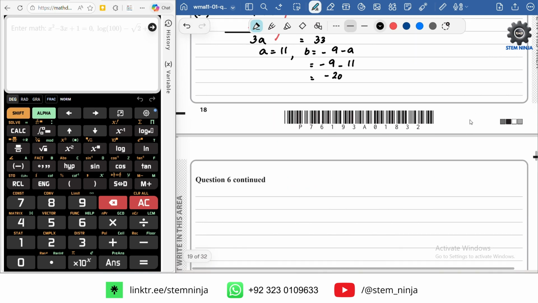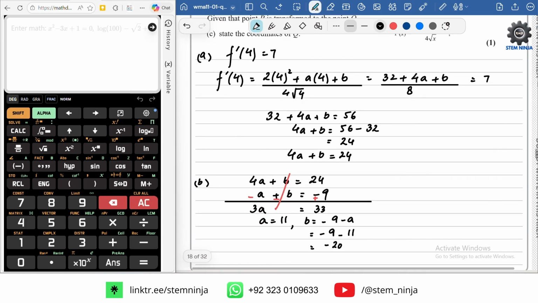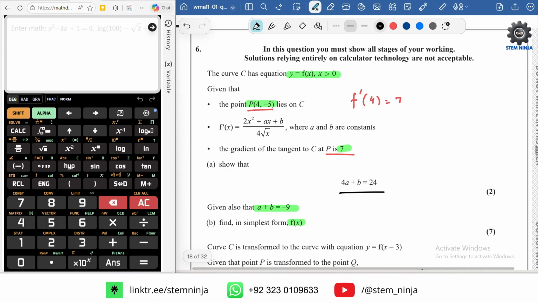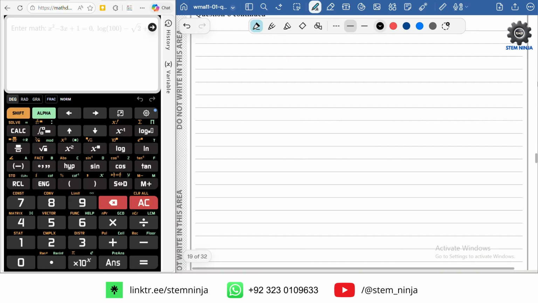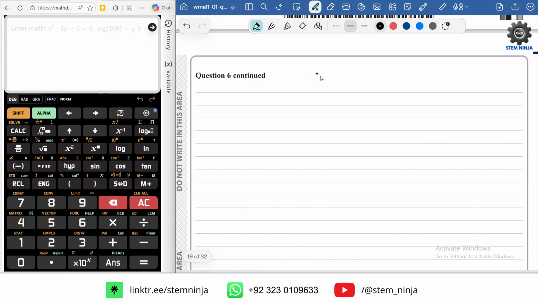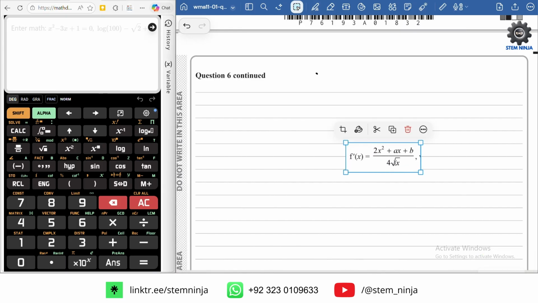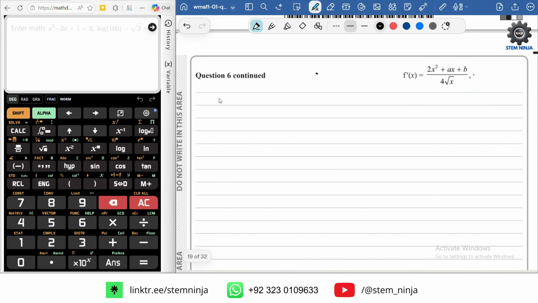So the equation becomes, okay, no, wait. This is just the f prime of x. Right, okay, so we need to integrate this. So therefore the f prime of x becomes, I'm going to write it as the fractions split up.